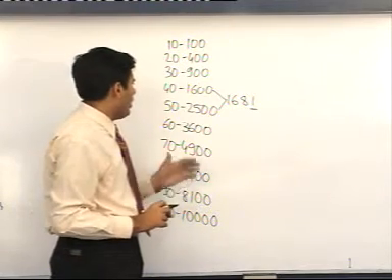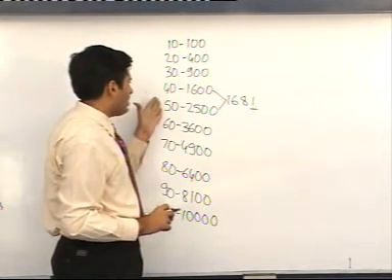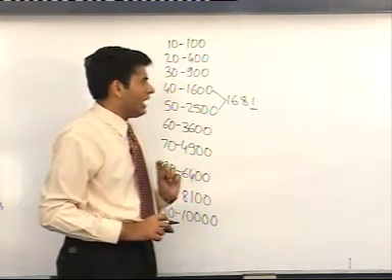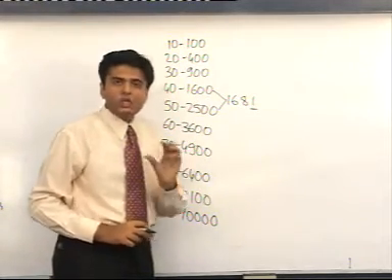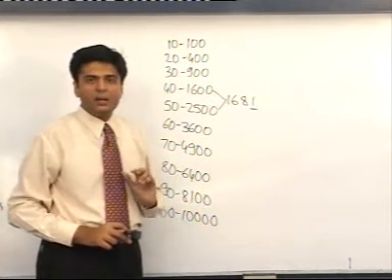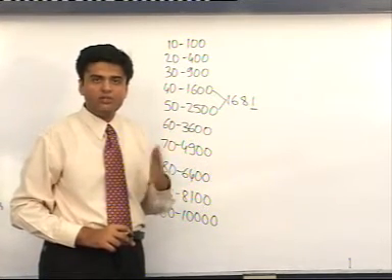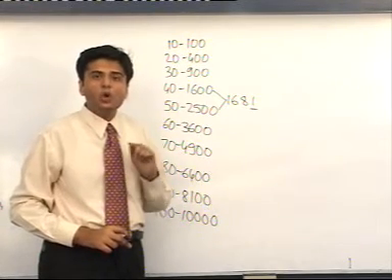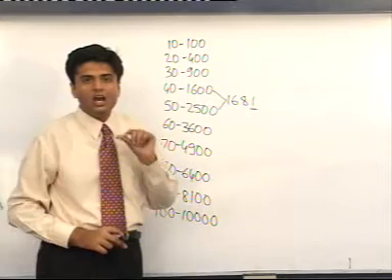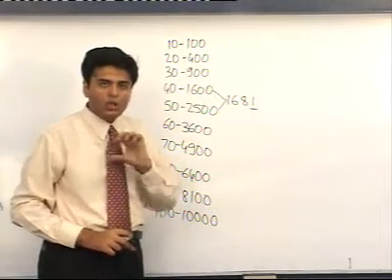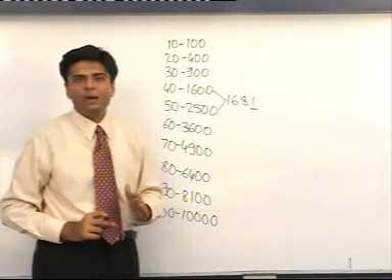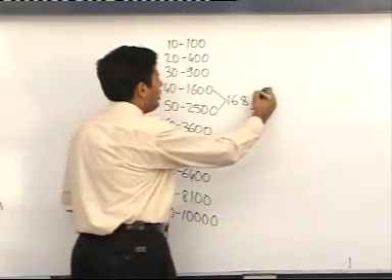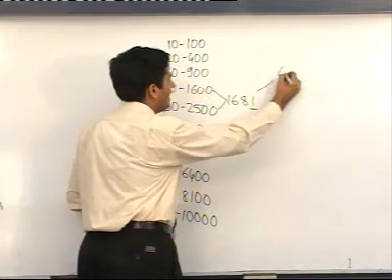So first we know that the number lies between 40 and 50, and then we know since the number ends in 1, the answer ends in 1 or 9. So between 40 and 50 are numbers like 41, 42, 43, 44, 45, 46, 47, 48, 49. But we need only those numbers that end in 1 or 9. So out of all these numbers, our only options are 41 or 49, because only 41 or 49 end in 1 or 9.